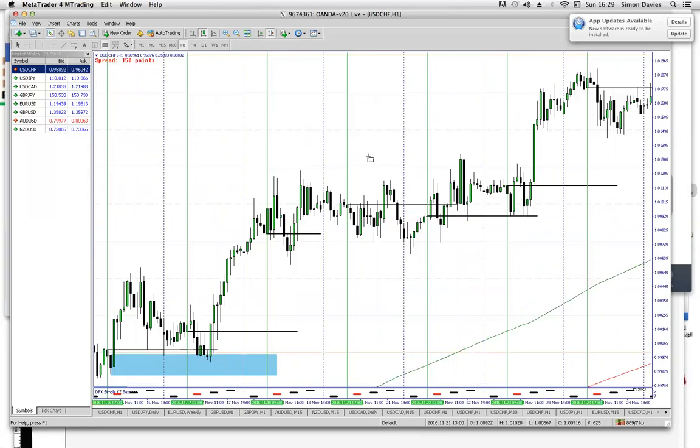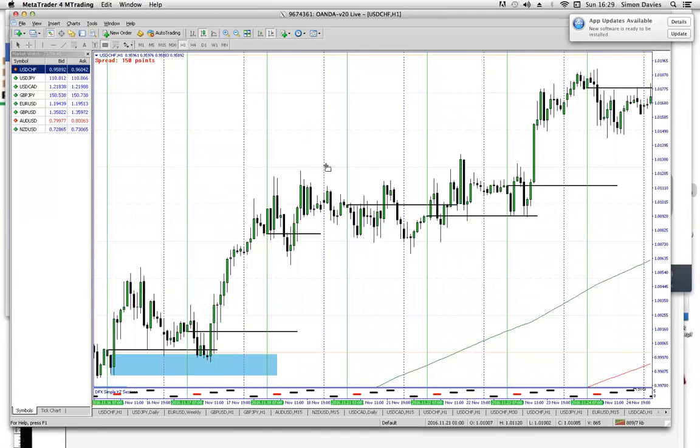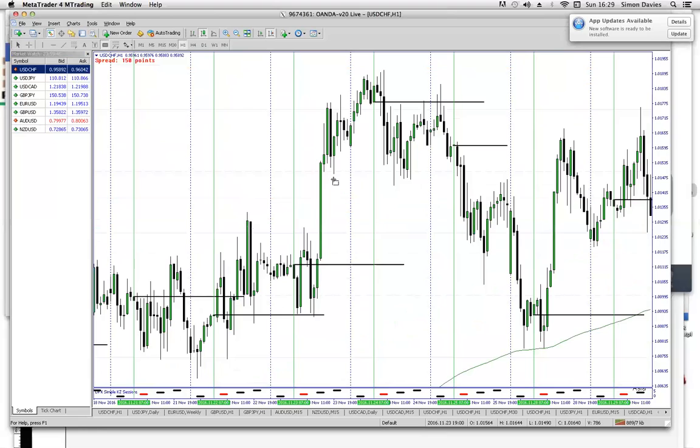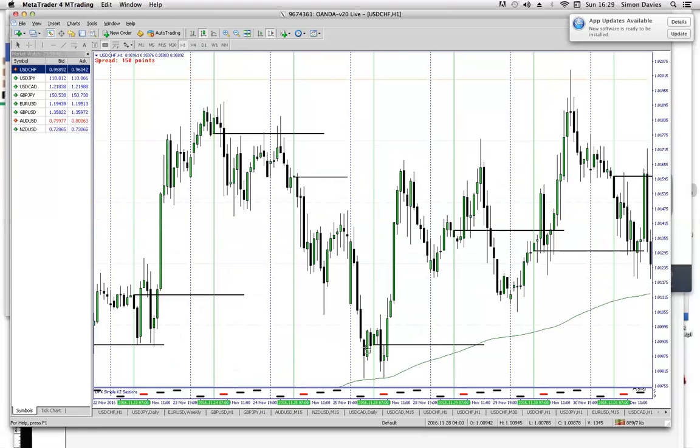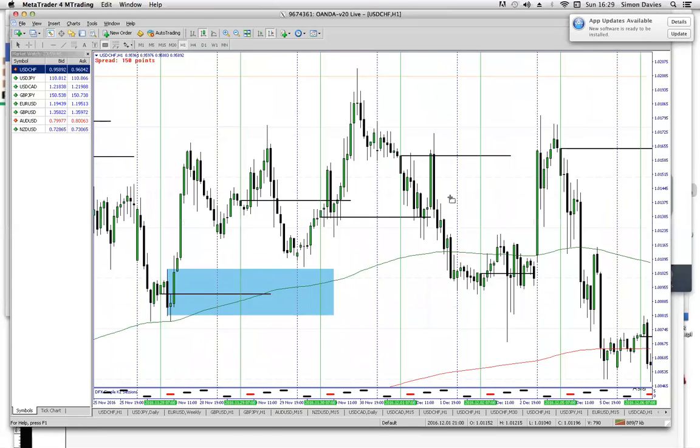So I want you to go away and do this, guys. Mark out your breakers and order blocks on your hourly. Just get familiar with seeing them in your charts, and once you see them, you never not see them. And with knowing the language of the market, run on stops. Kind of a wick.